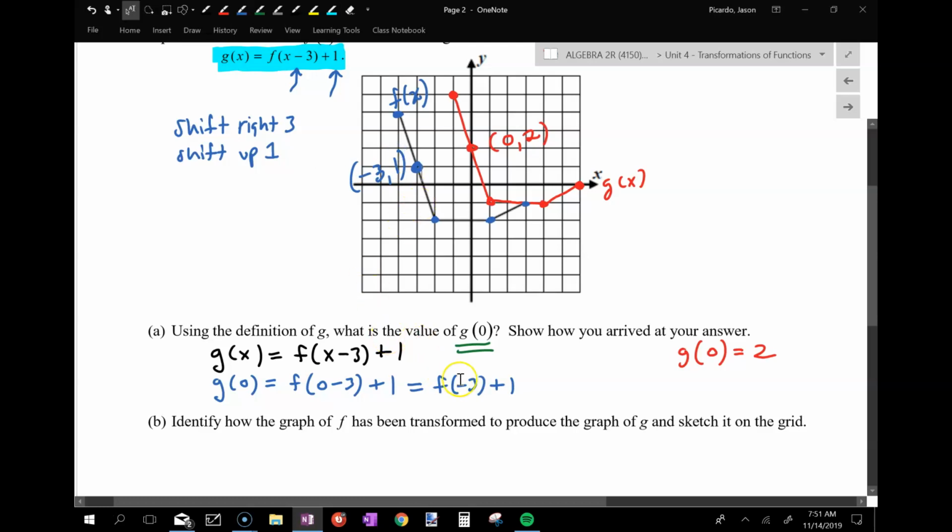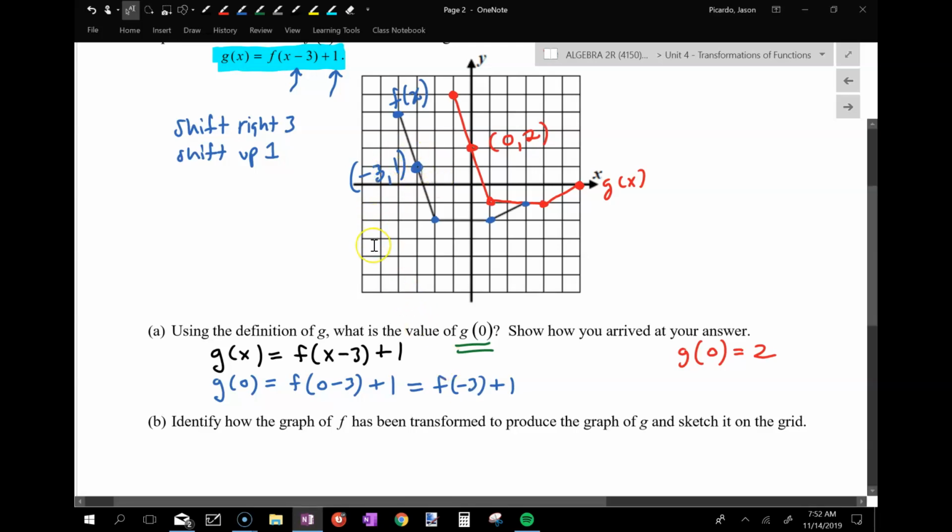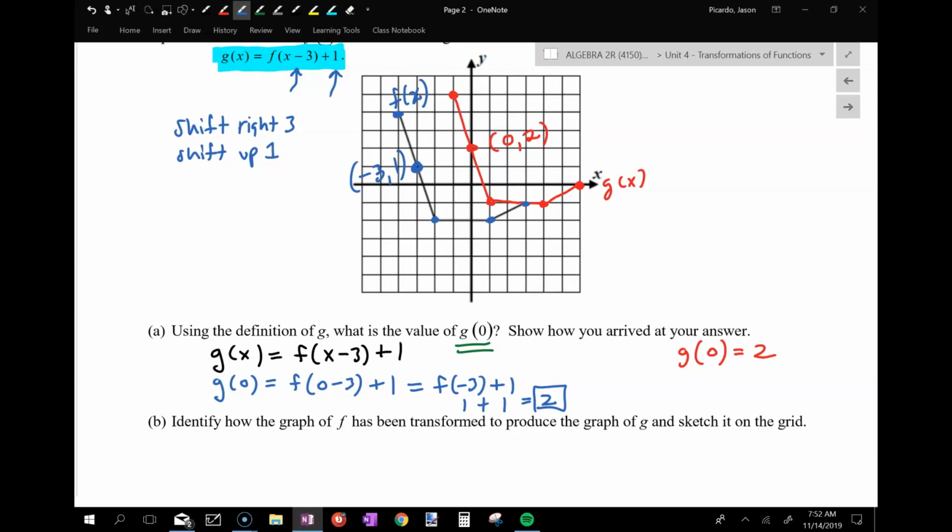So f of negative 3 is 1, right? So what's 1 plus 1? 2. So Dylan's idea of plugging it in wasn't necessarily a bad idea to answer that part.